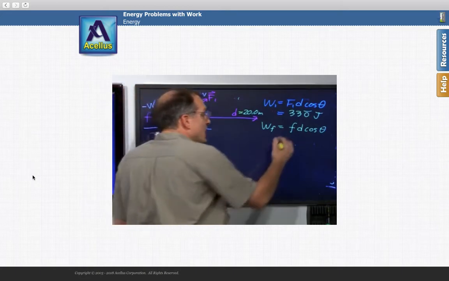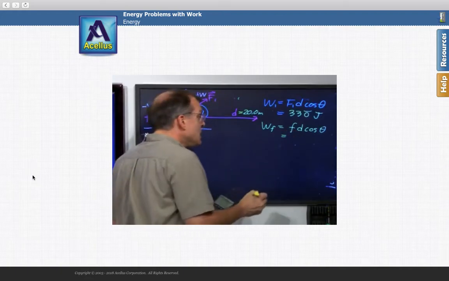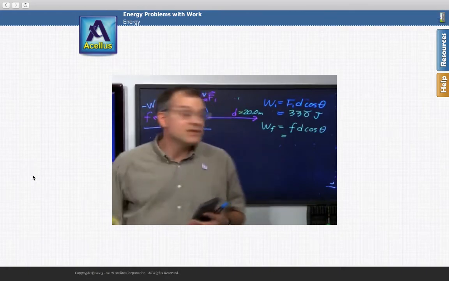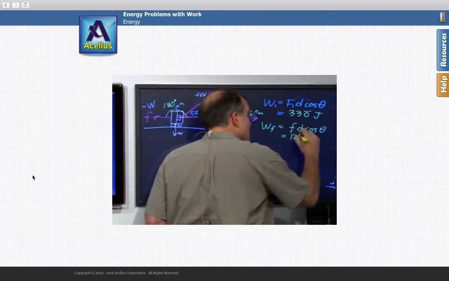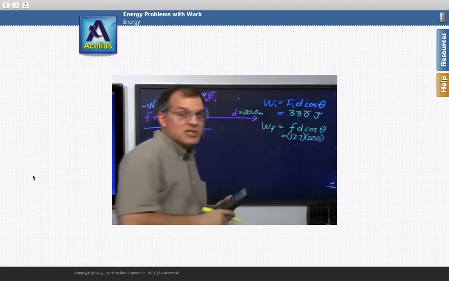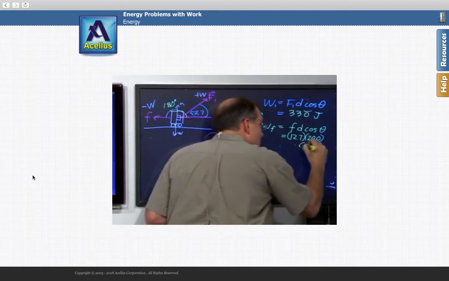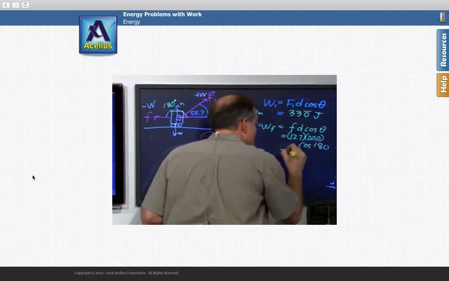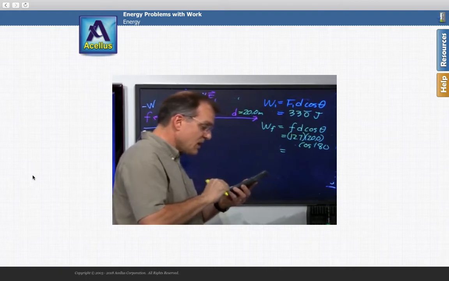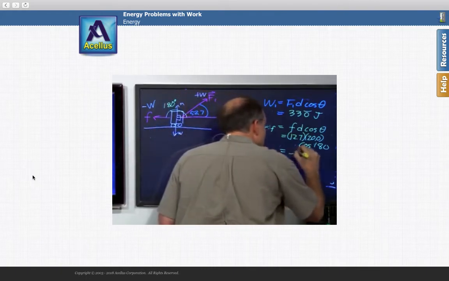And cosine of 180 is -1. So the work that friction did is 12.7, that's the force, times the distance, now known to be 20, times cosine of 180, which gives you a minus sign. So 12.7 times 20 times -1 is -254.